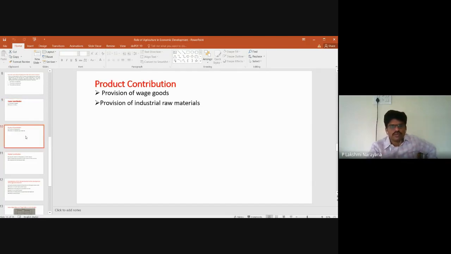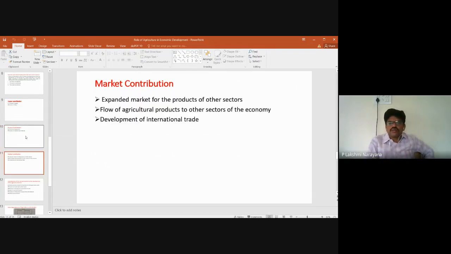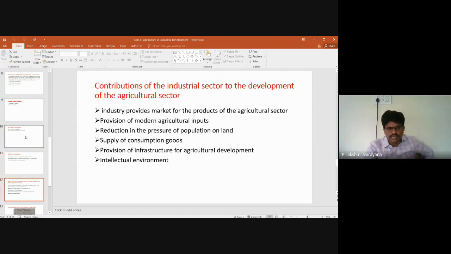Labor is also provided from the agriculture sector. Regarding product contribution, provision of wage goods and provision of raw materials, which we already explained. Regarding market contribution, expanded market for the products of other sectors, flow of agriculture products to the other sectors of the economy, and development of international trade.